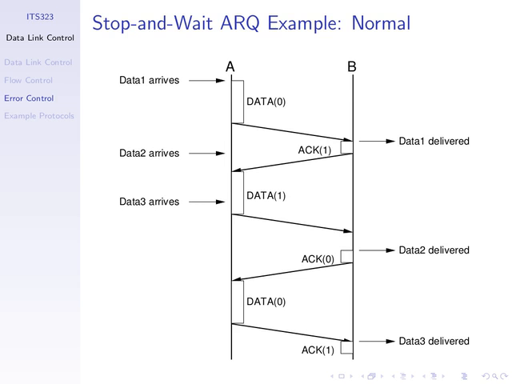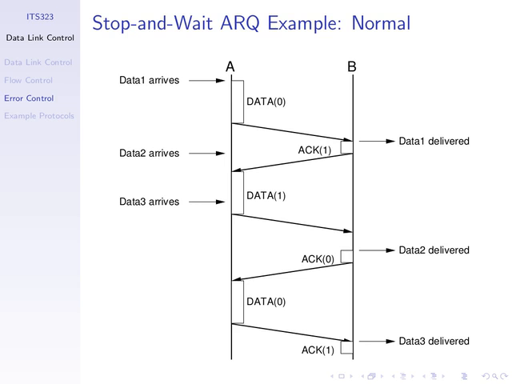And remember, in all the protocols we're dealing with, the acknowledgement number indicates the next frame expected. If B just received data with sequence number 0, it sends back an ACK saying, I expect to receive data with sequence number 1. So we've seen that in all of our protocols so far. That's no different from what we've seen in stop and wait flow control.